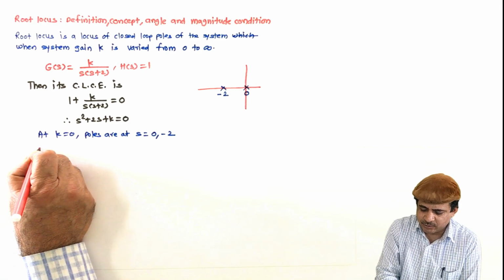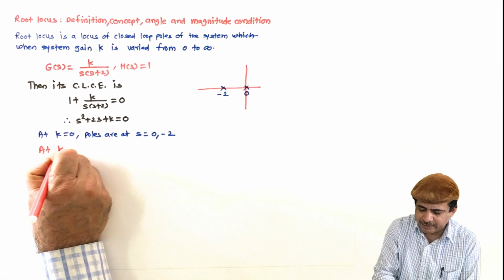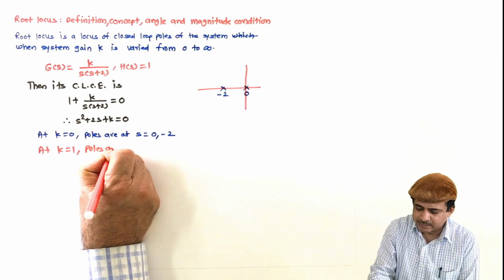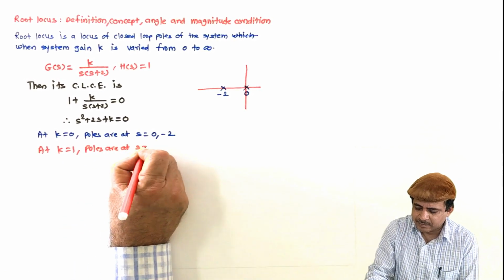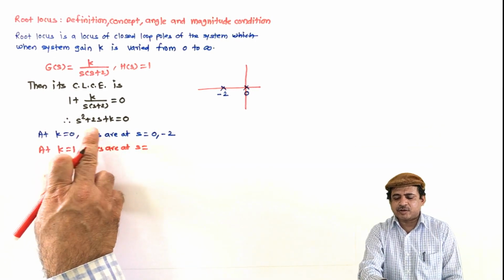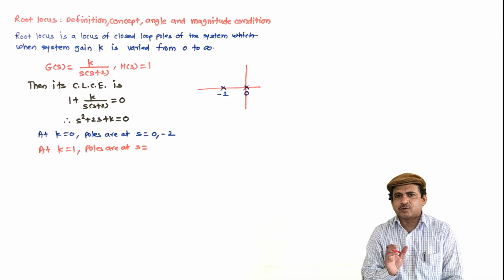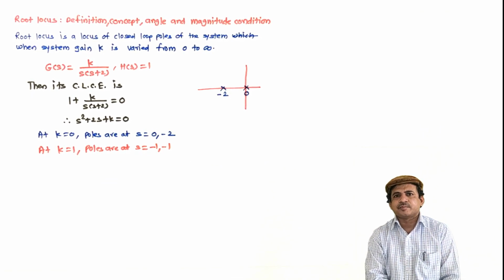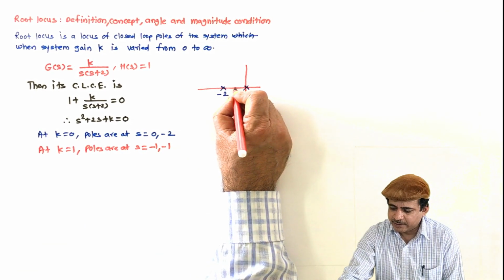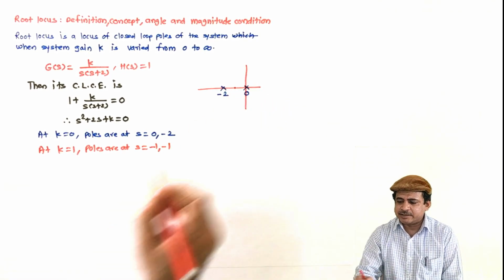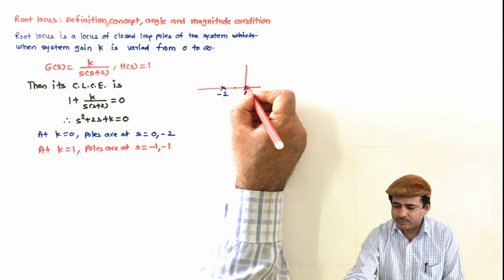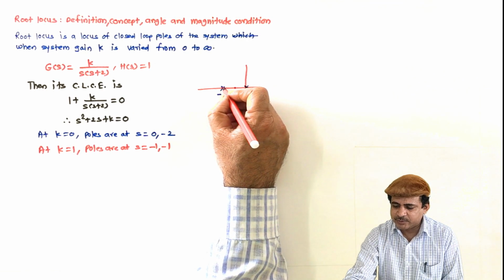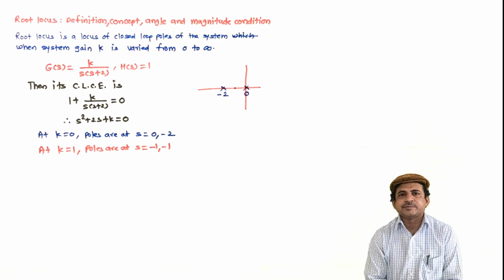So, let us consider now k equal to 1. At k equal to 1, this is s square plus 2s plus 1, that is s plus 1 whole square, and the poles are at minus 1, minus 1, and they are here. And that means as gain k changes, this pole has started moving from this location towards this, and this pole moves from this location towards this.